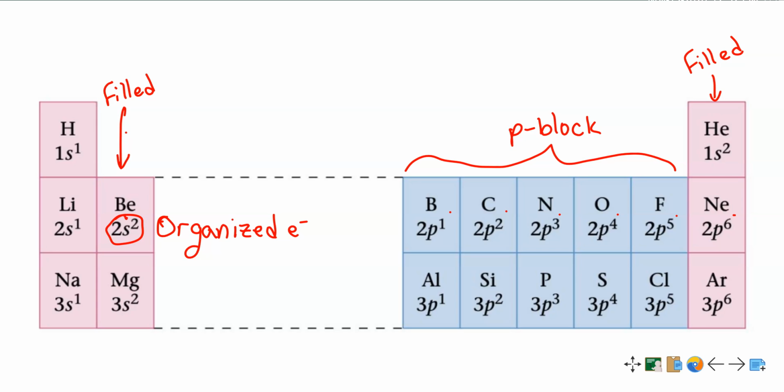Now you'll notice helium doesn't have a P, it's technically an S, but it's still filled. That's what makes that column significant: the uppermost sublevel is filled, so it's energetically stable. That is an incredibly important point.